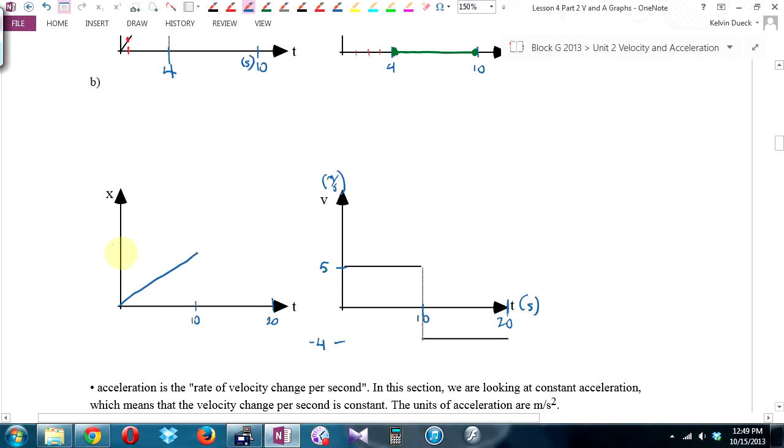Exactly how high would it have to hit so that when I went rise over run, I got 5 meters per second, like in my velocity? That would have to be a 50. Right? So we're going forwards and backwards now. A little more complicated than Science 10.